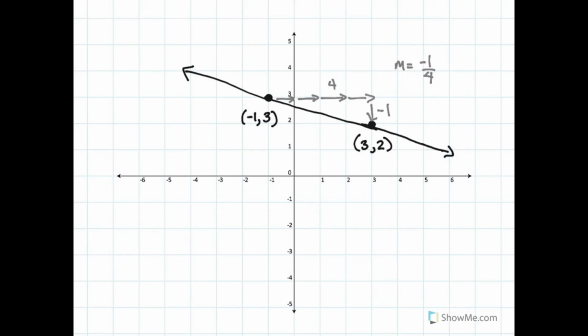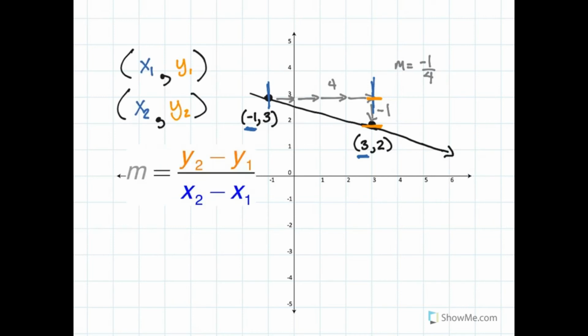But if I just have the numbers and I don't have the picture, I can figure it out by noticing that the run is the difference between the two x coordinates. The difference between -1 and 3 is 4. And the rise is the difference between the two y coordinates. The difference between 3 and 2 here is 1, and it's a negative because it's going down from 3 to 2.